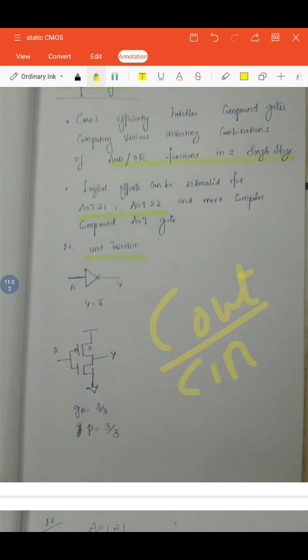So C out is 3 here, 2 plus 1 is 3, and the inverter's capacitance value is 3. So C out by the inverter's capacitance is 3 by 3, the parasitic delay for the inverter.